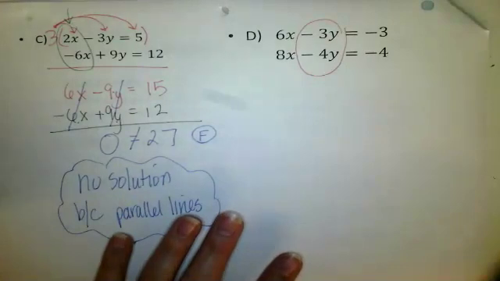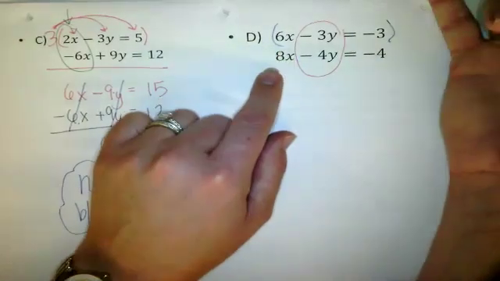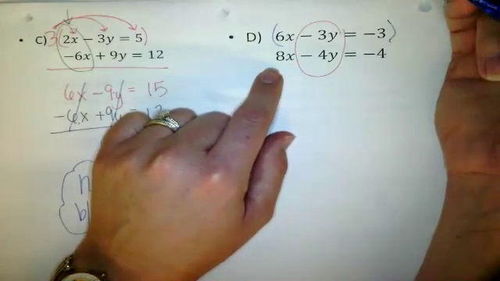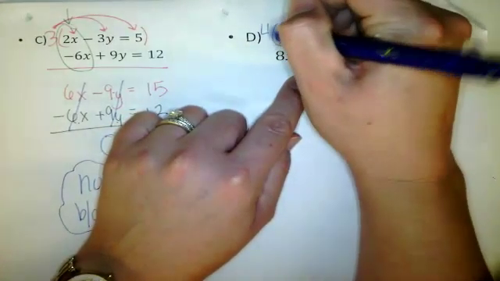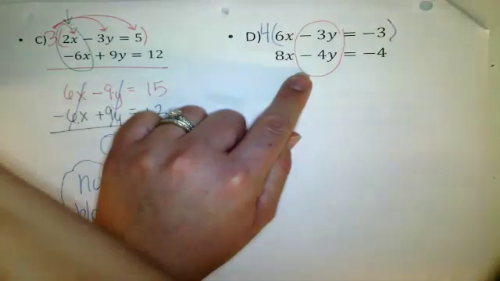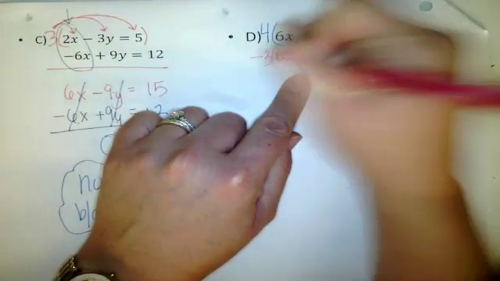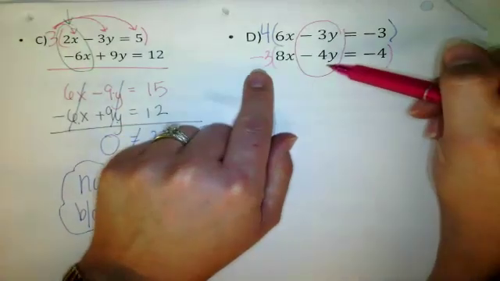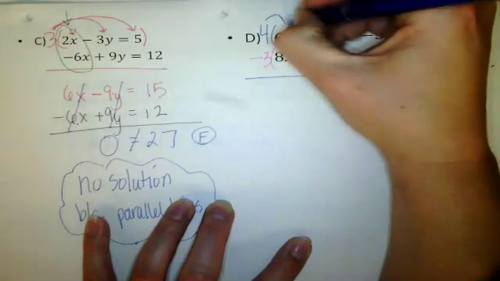What should we multiply, let's say, the top equation by? 4. Okay. So what number are we trying to get to? 12. If we multiply the top equation by 4, what should we multiply the bottom equation by? Negative 3. I love how you told me negative 3. Good. So let's see. We're going to distribute our 4.